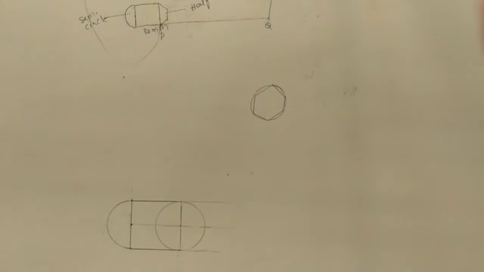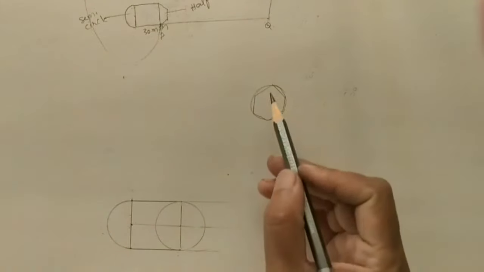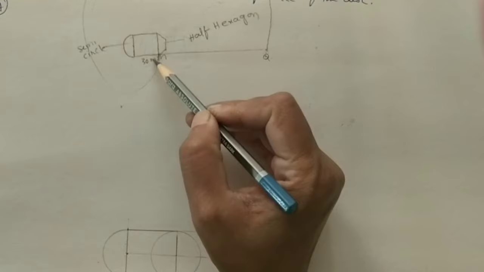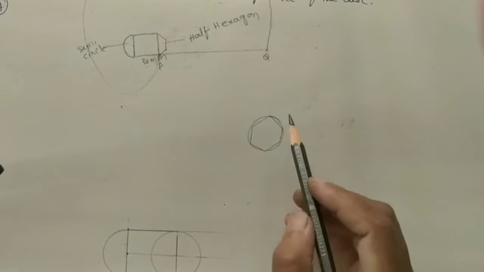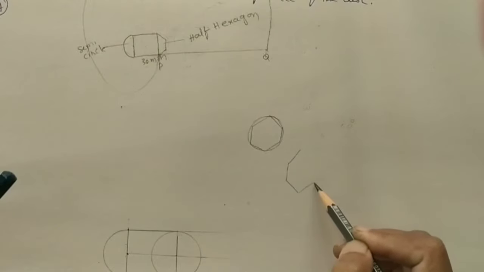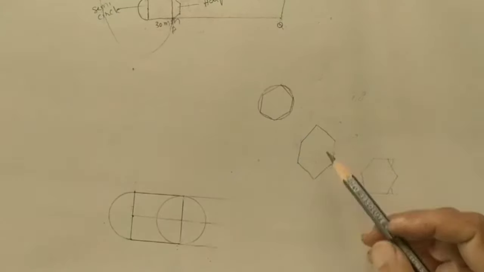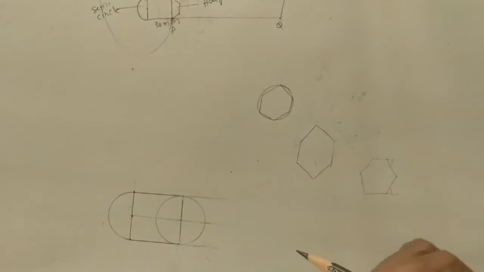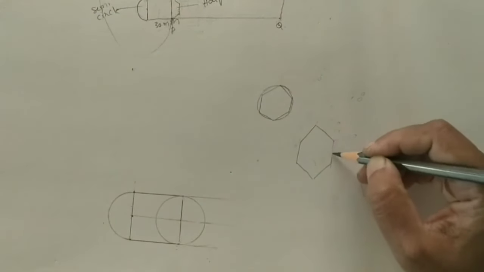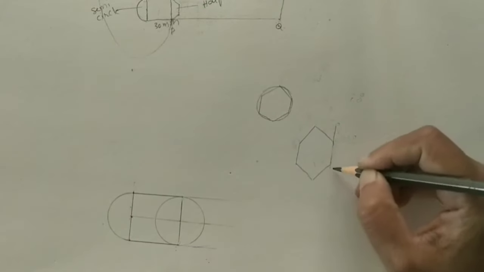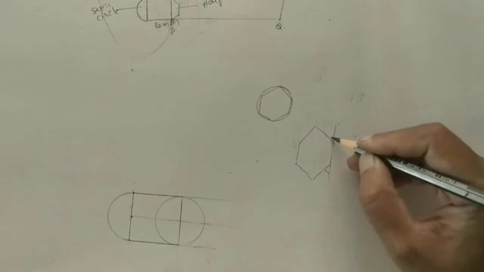In this circle, we have to keep this part of the hexagon. We have to keep half of the hexagon in this circle. Now for it, we have the outer angle formula. Take any horizontal line, just extend it. Whatever this angle is, the same angle is taken on this side also.